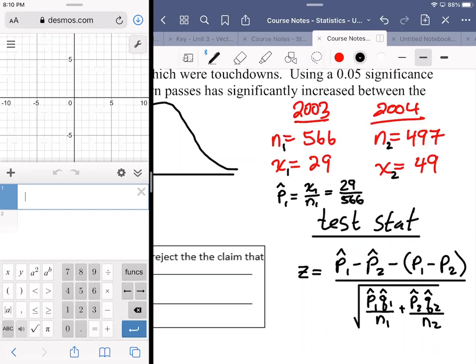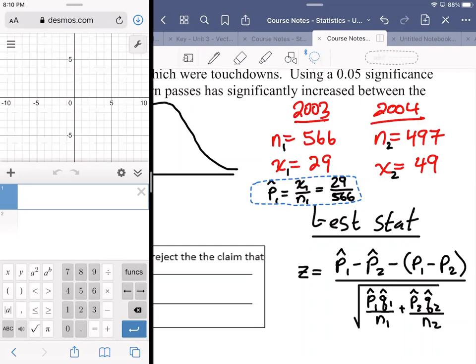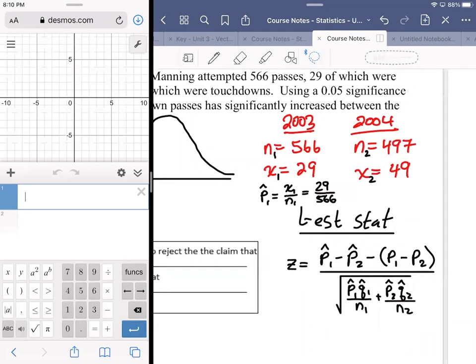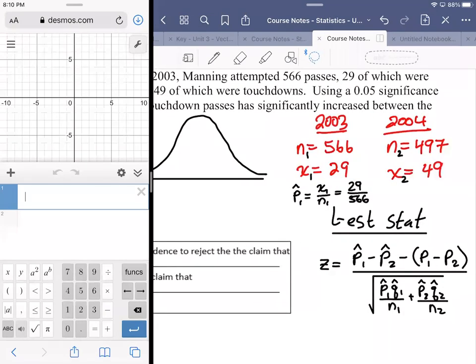I don't really recommend that, the reason being that you kind of run into rounding considerations when you do that. If you leave it as a fraction, Desmos can handle fractions. Just leave it as a fraction. You don't have to worry about screwing it up based solely on rounding. So x2 over n2 is going to be 49 over 497.